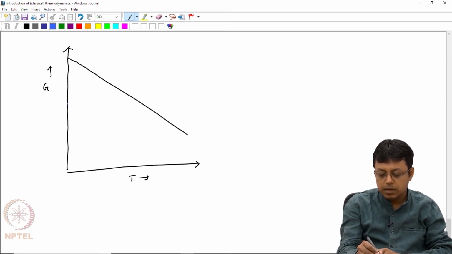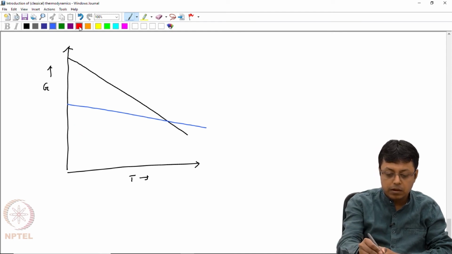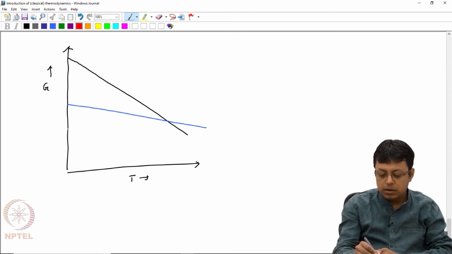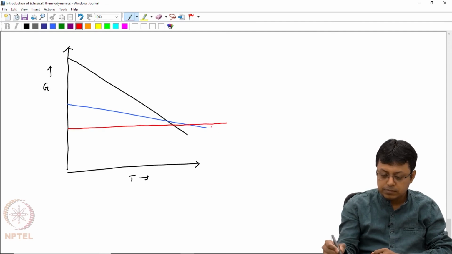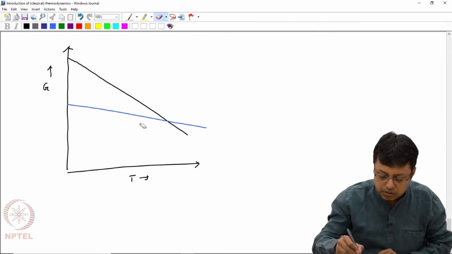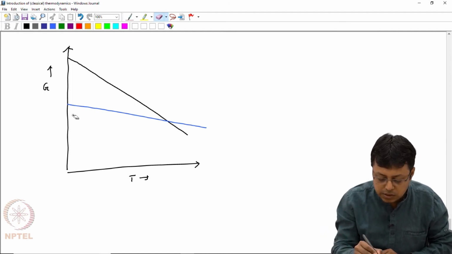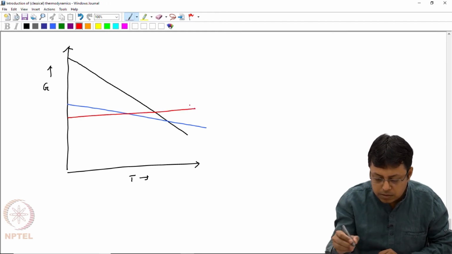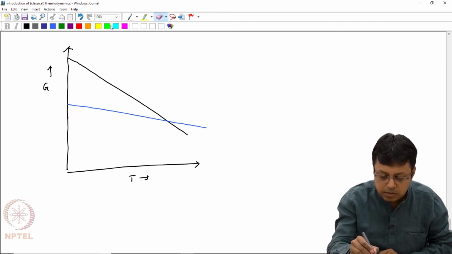Suppose this is something like this, and then we also have a curve for the solid, and let us draw a curve like this. The difference between the solid and liquid will be small, so the drawing has to be very careful. And then we have something like this.